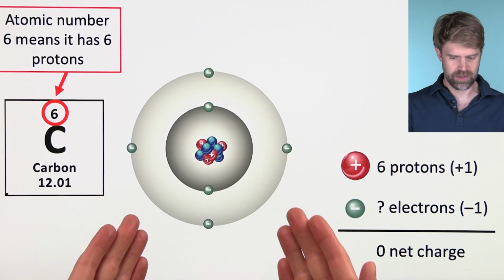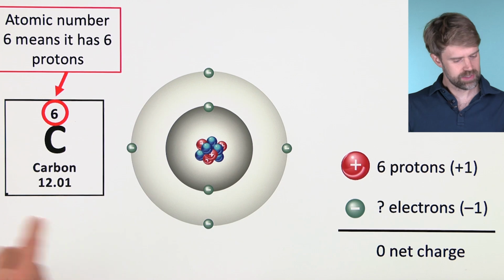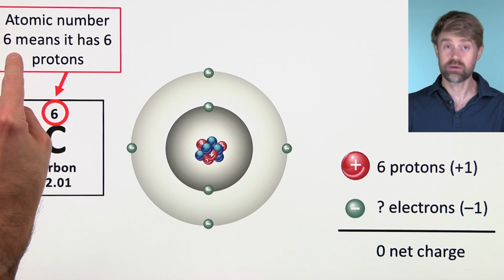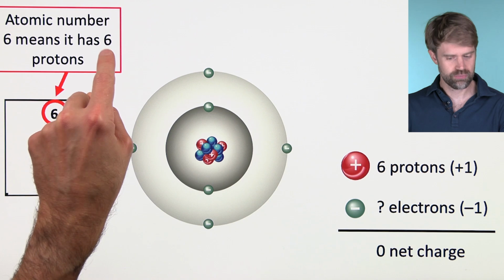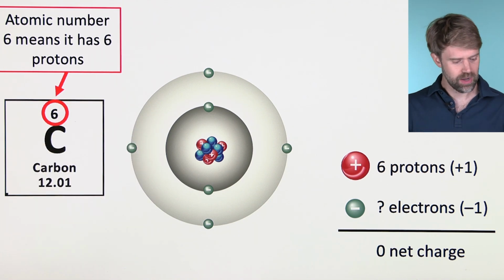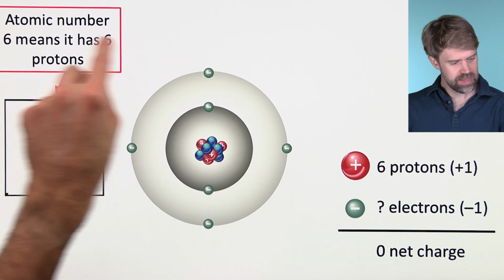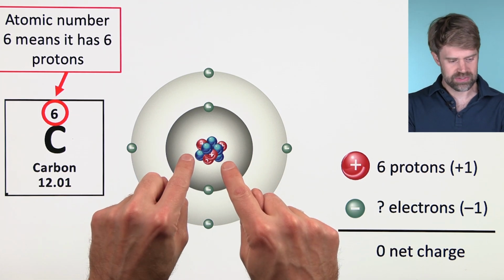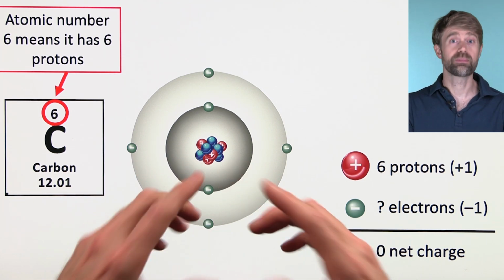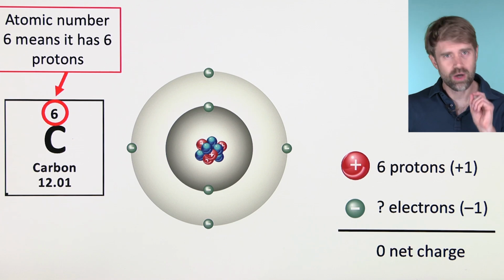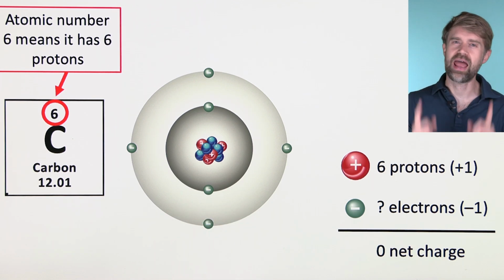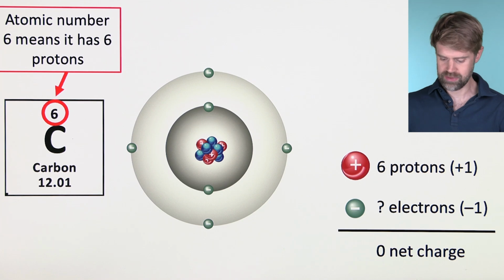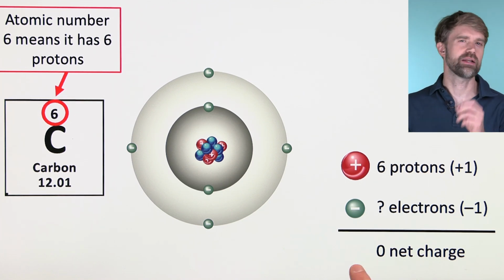Here is a carbon atom. We know from the periodic table that carbon is atomic number 6. That means it has 6 protons. Remember, atomic number is the number of protons that an element has in its nucleus. Now, unless we're told otherwise, we assume that every atom is electrically neutral, that it has 0 net charge.